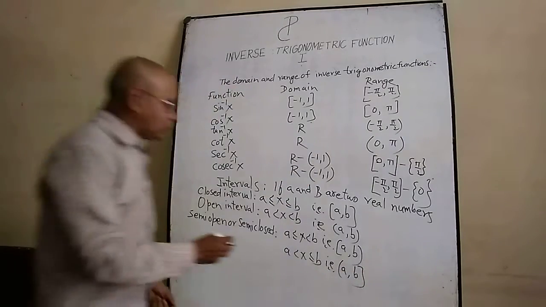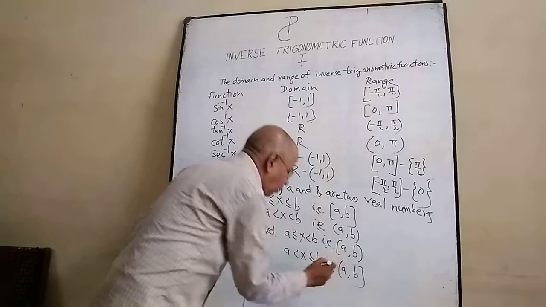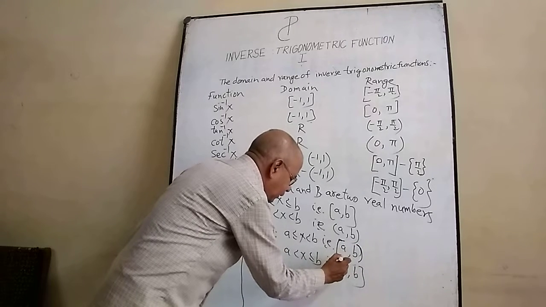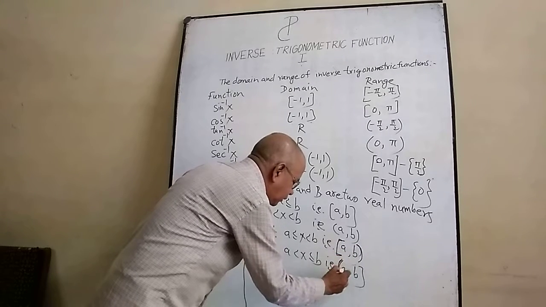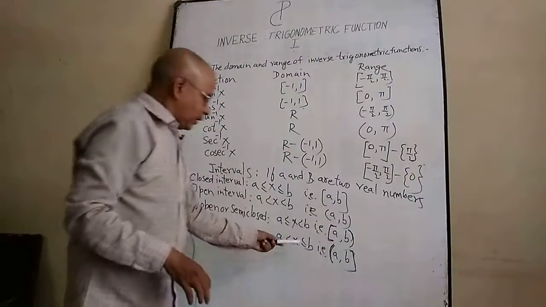Now this is the most important factor, that this is the representation of this big bracket and this is our small bracket. Here also this is my small bracket and this is the big bracket. Big bracket represents the equal to sign.